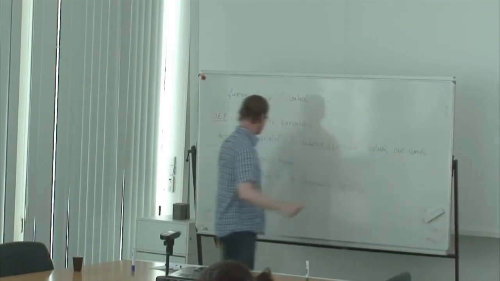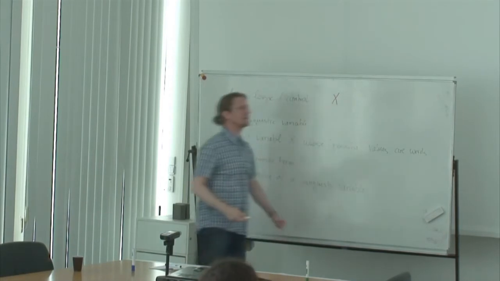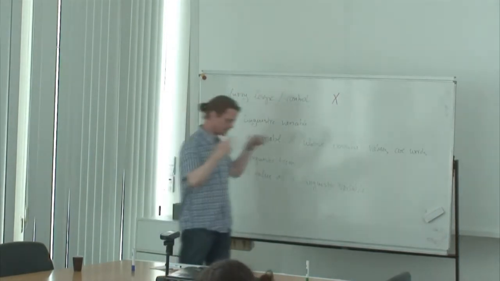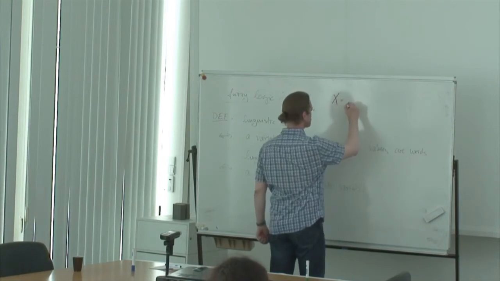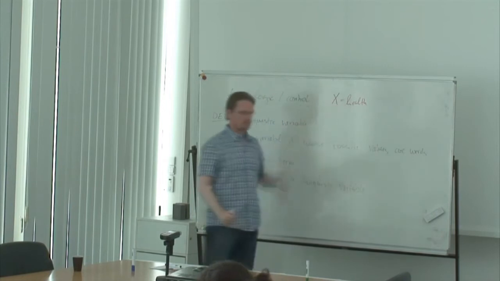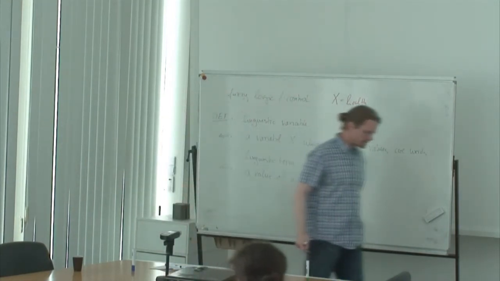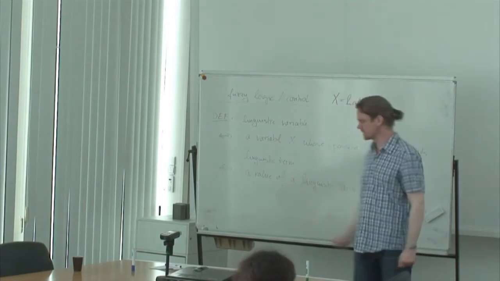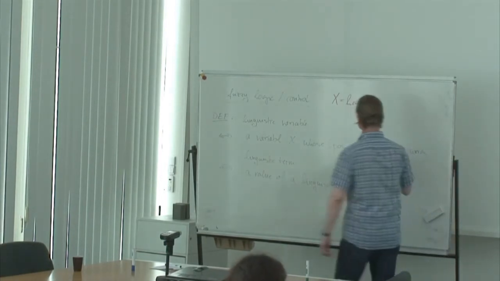So, for instance, let us think about the variable X, and let us assign a different name to this variable, say health. Now, we have a variable health, a linguistic variable, and we say its possible values are words or linguistic terms.